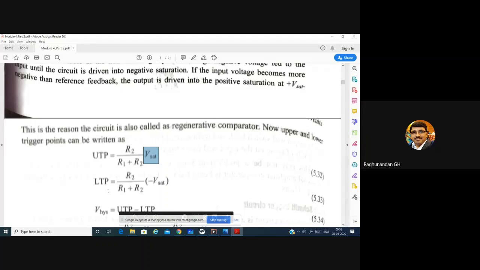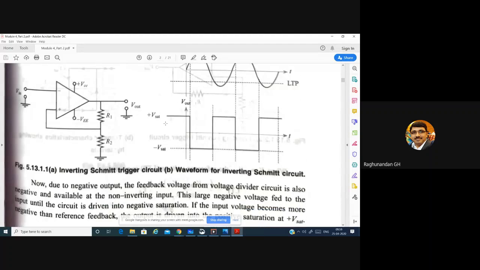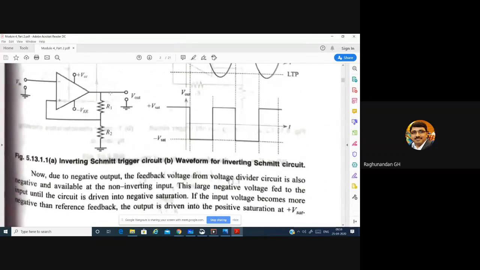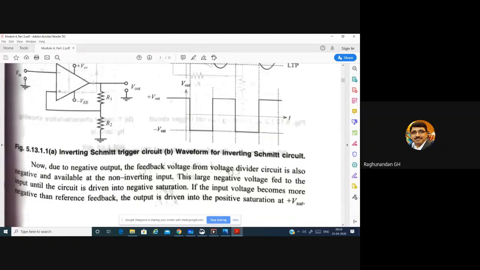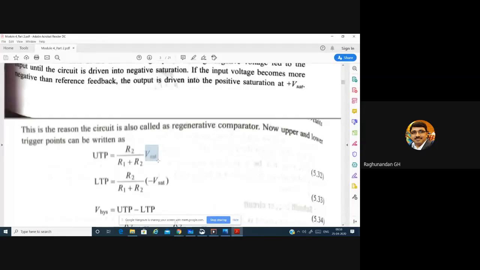For LTP, the lower triggering point, you have to consider minus VEE, which is another way of saying minus V saturation. That's why it is minus V sat. When you take minus V sat, you'll get LTP. So how did we get UTP? V saturation into R2 by R1 plus R2. By applying the voltage divider rule and considering positive saturation, you get the upper triggering point or upper threshold point.